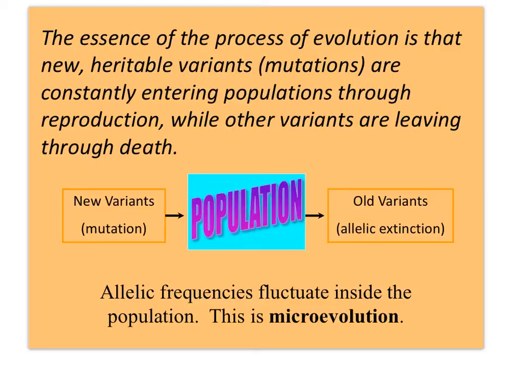Some of them at one time might have been beneficial, but the environment changed. For example, let's say you have a bunch of wolves, right? If you go farther north, you notice that their fur gets thicker and thicker. Now, if the climate were to change, like it's kind of doing right now, where having a really thick fur coat would be uncomfortable, just think about a big down parka on a hot summer day.